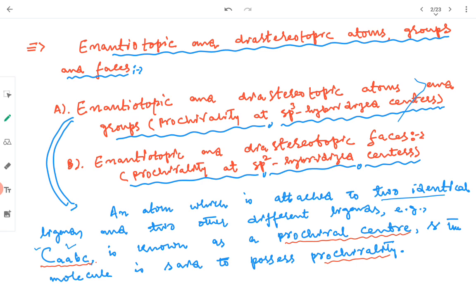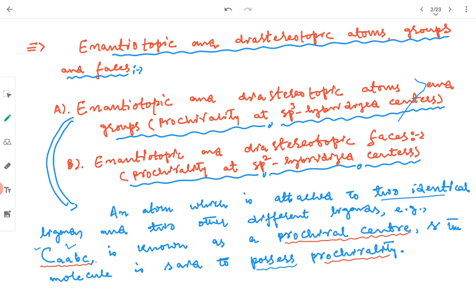If you have a molecule of the formula CAABC, in which the central carbon is attached to two similar atoms or ligands and two dissimilar atoms or ligands, such a center is known as a prochiral center, and the molecule is said to possess prochirality.